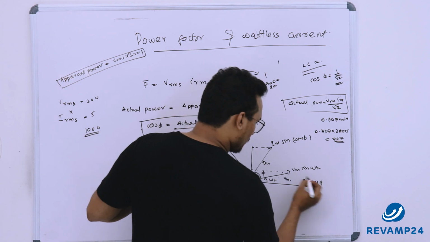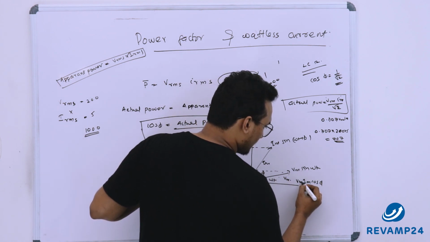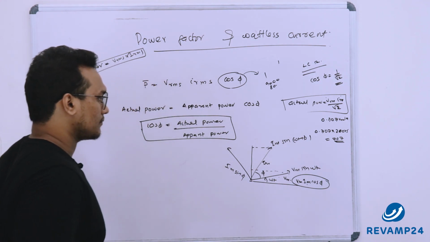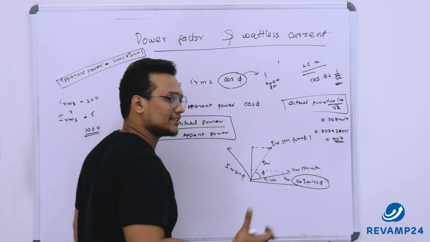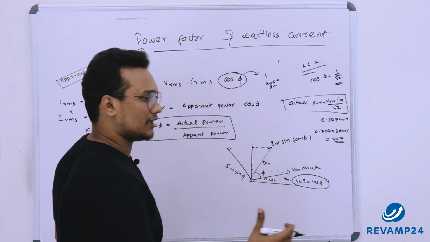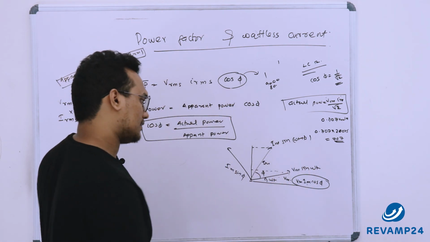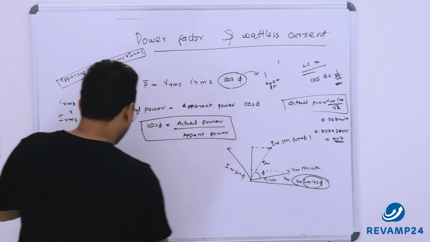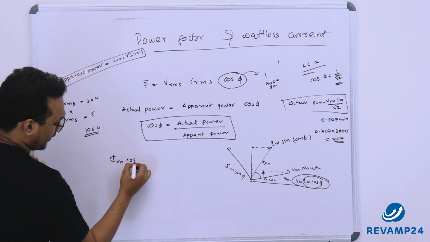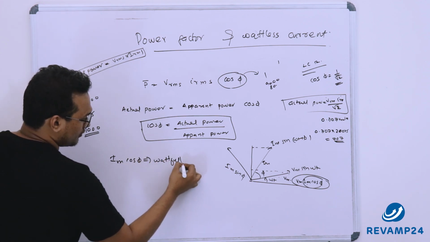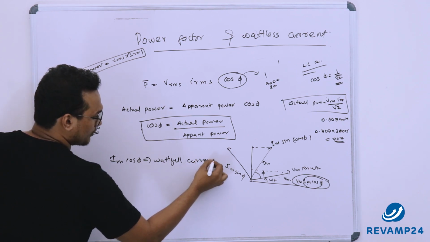Now see, Im cos phi is along Vm, and that is delivering a power of Vm into Im into cos phi. So we say that it is wattful current, because it is delivering a certain amount of work in each second. Im cos phi is wattful current, because that is delivering power, right?